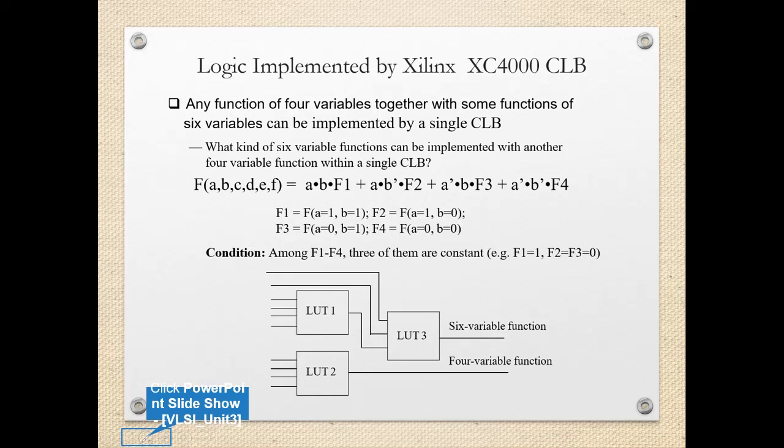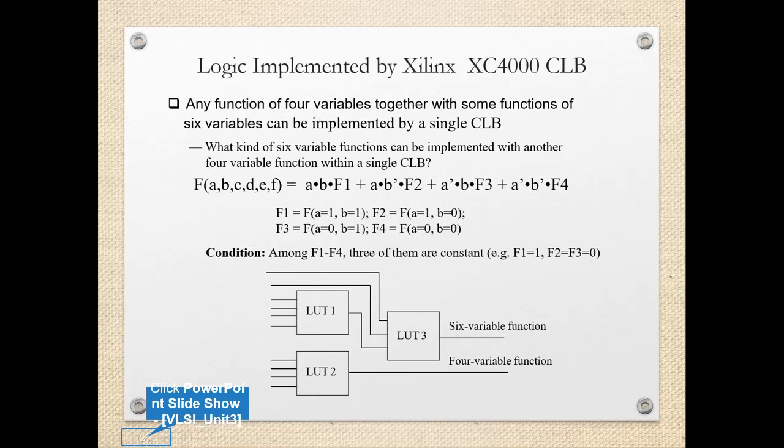Is it possible to implement 6 variables? Any function of 4 variables together with some function of 6 variables can be implemented by a single CLB. This is how it is shown in the diagram. One separate LUT2 can be used for a 4 variable function, and for LUT1 again we can apply another 4 variables.